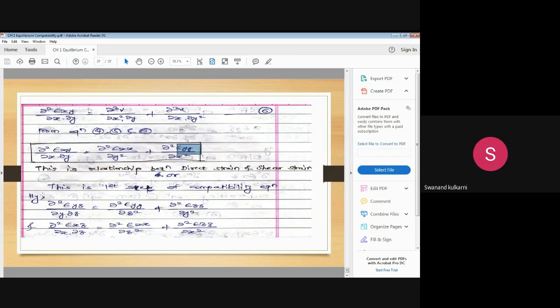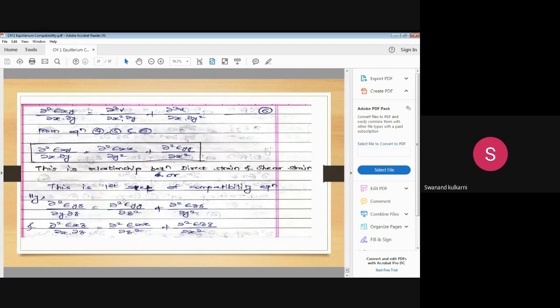Likewise, here also we are going to do the same things in order to come to the conclusion, using the same concept for y and z direction. If we derive the equation for y and z direction by following the same procedure which we have already followed, the final result which we will get is ∂²epsilon yz upon ∂y ∂z, which is equal to ∂²epsilon yy upon ∂z² plus ∂²epsilon zz upon ∂y².